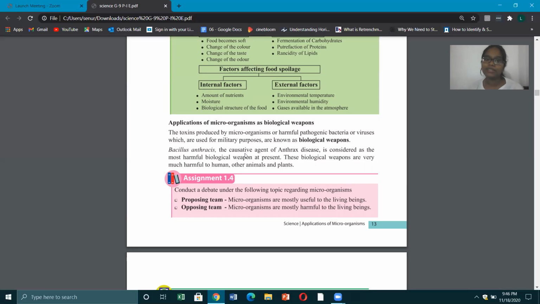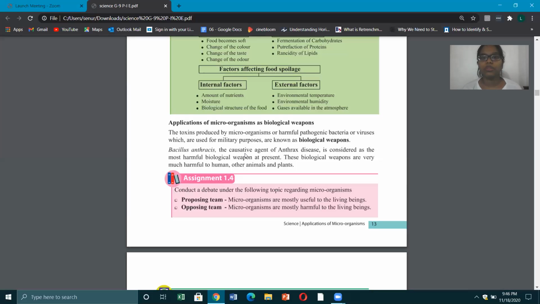One example is Bacillus anthracis, the causative agent of anthrax disease. It is considered the most harmful biological weapon at present. So if a weapon is manufactured with the help of harmful pathogenic bacteria or viruses, and it is used for military purposes, then it is known as a biological weapon, right?